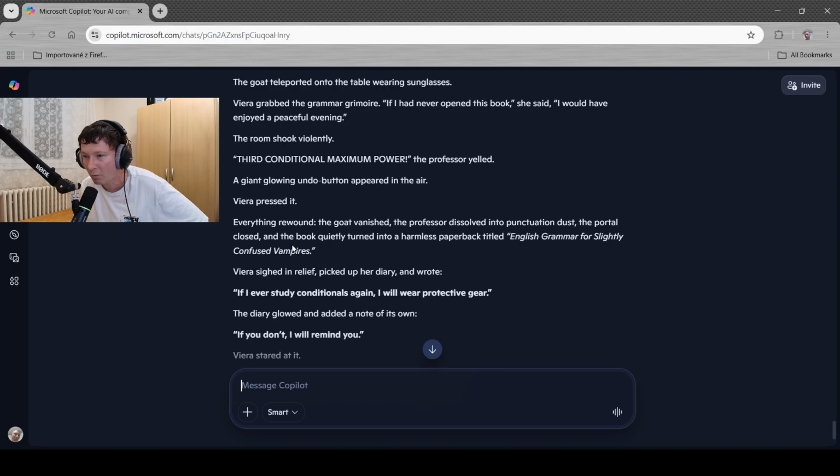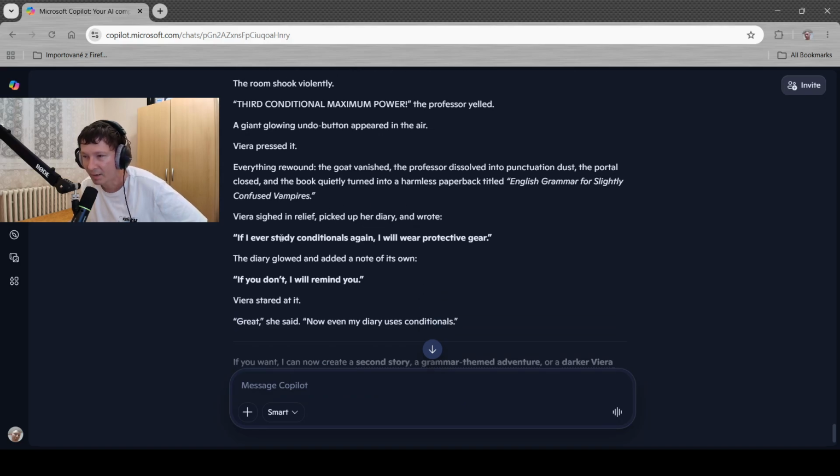The portal closed, and the book quietly turned into a harmless paperback titled English Grammar for Slightly Confused Vampires. Viera sighed in relief, picked up her diary and wrote, If I ever study conditionals again, I will wear protective gear.